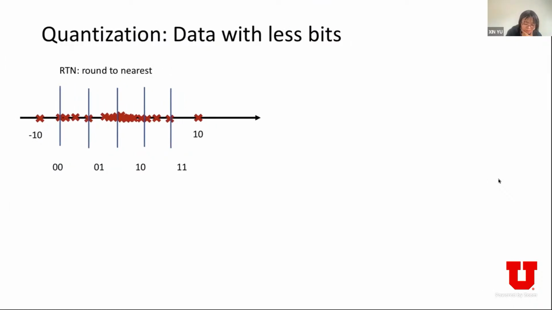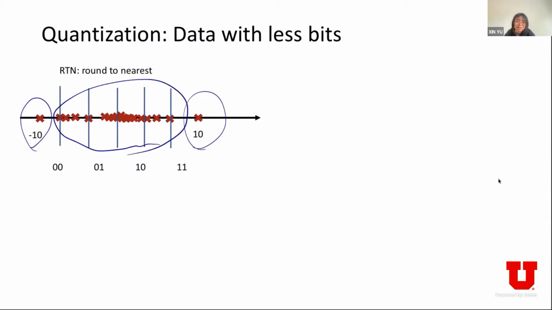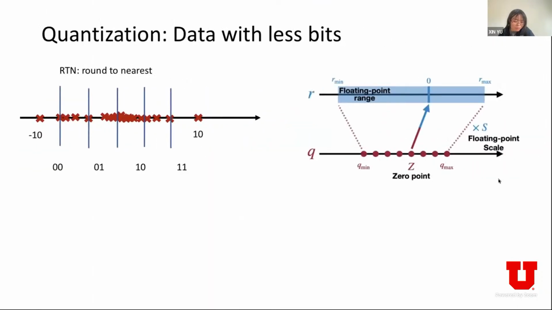So one thing we can do is ignore the outliers, the very large or very small values, and shrink the range of the valid data. This can improve the precision of the remaining data. That's one thing.